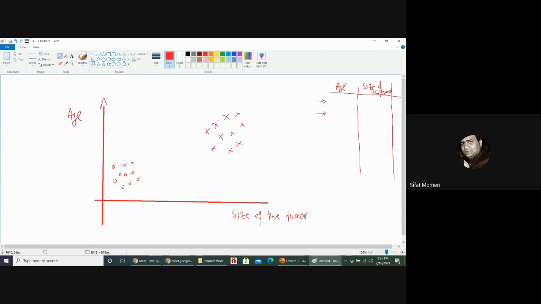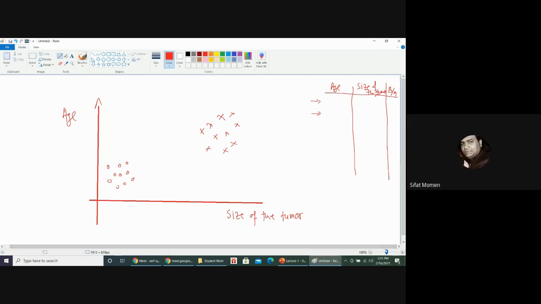So he correctly identified whether it is a benign tumor or a malignant tumor. Yes, sir. Imagine we have done that. So you have the age, the size of the tumor, and you also know this is a benign tumor, the next one is a malignant tumor, the next one is a malignant tumor, the next one is a benign tumor. So what kind of data set do you have right now?